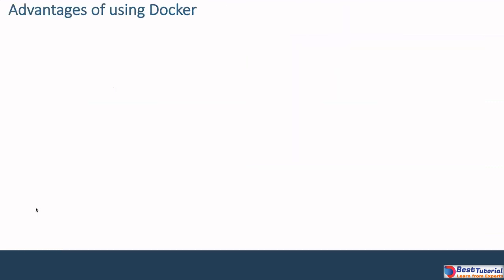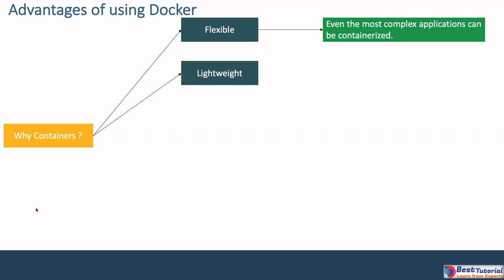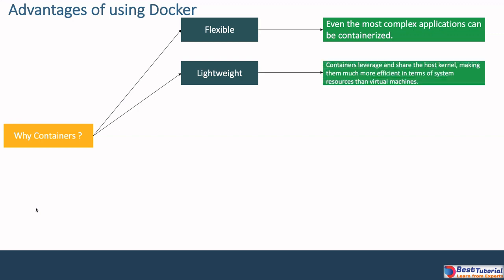Moving on, what are the advantages of using Docker? Why containers? They are flexible. Even the most complex applications can be containerized in recent days. They are very lightweight, and containers leverage and share the host kernel, making them much more efficient in terms of system resources than virtual machines.